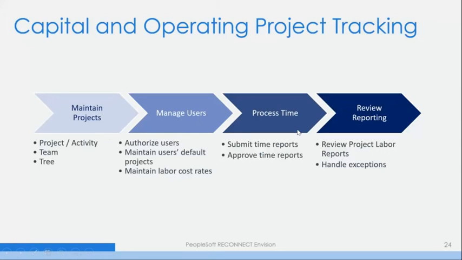You're processing time for the resources on the project. Those resources are typically submitting time reports, and you're approving time reports. And then last but not least, you're doing reporting and analytics.